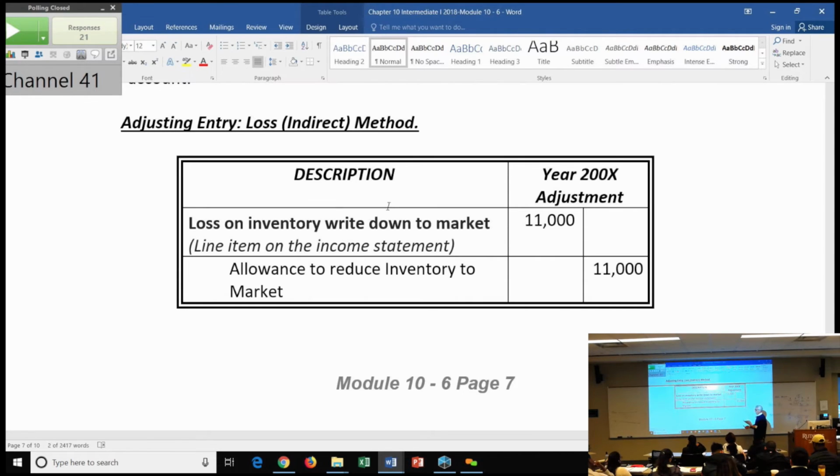By the way, on individual items, you can credit the individual items. But I think this is preferred because it actually allows you to see the loss on the face of the income statement. Just think about looking at an income statement, and a company writes down inventory, and it's significant. If it's buried in the cost of goods sold, you don't see it. And just like all of us, we don't read footnotes, right?